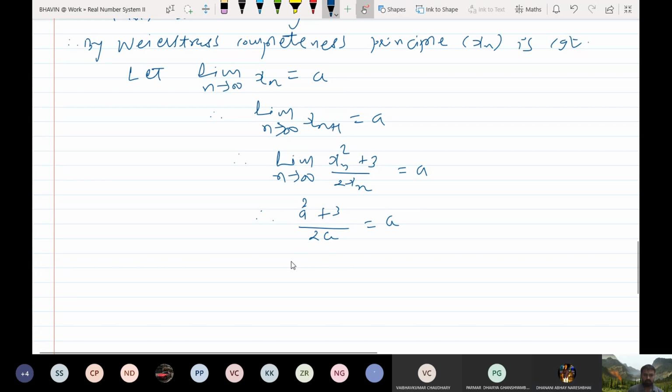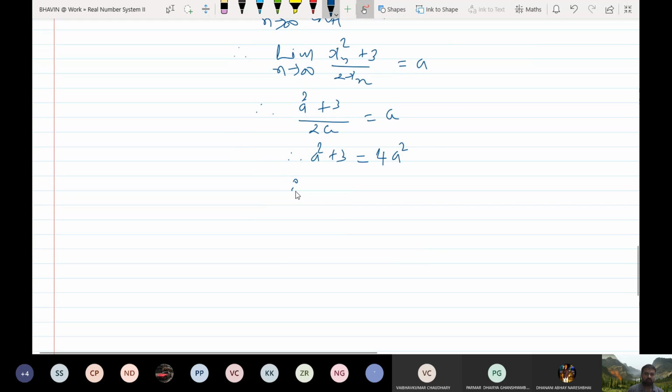Yes sir. Therefore a square plus 3 is equal to 2a square. So 2a square minus a square minus 3 equal to 0. So that you will get 3 equal to a square. Sorry, I should write here 2a square, not 4.